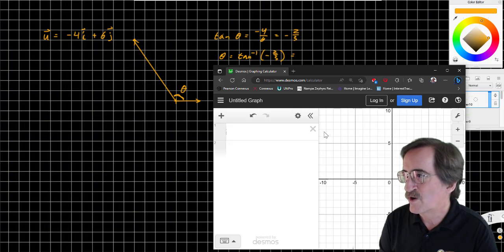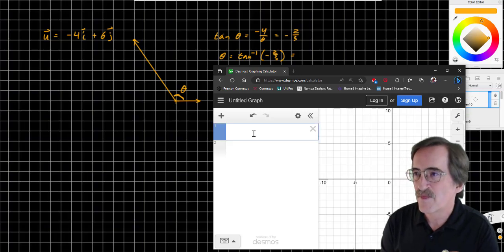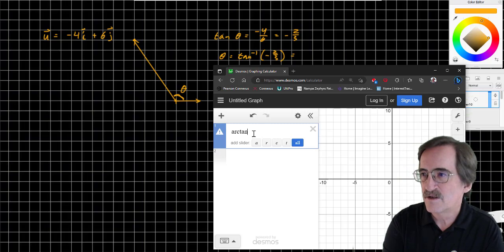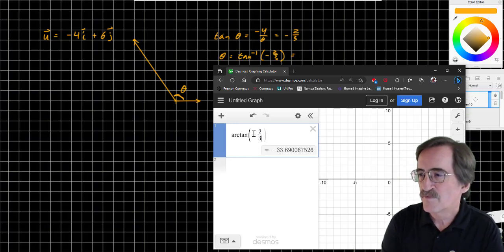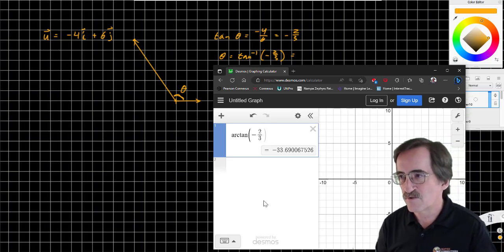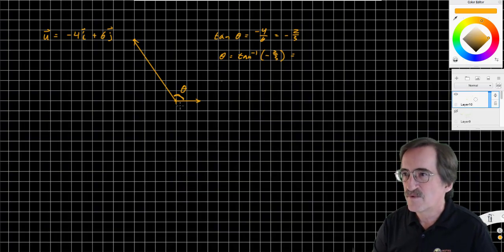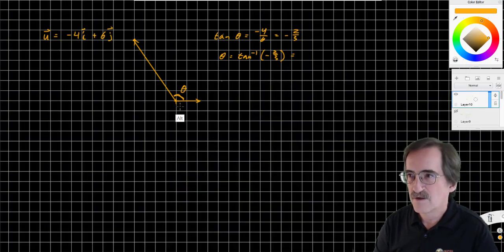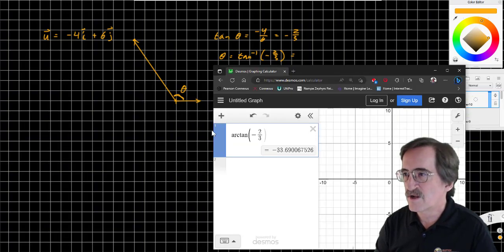But just be aware of what your calculator settings are. Okay. Arctan of negative 2/3. Now it's going to give me negative 33.69 degrees, right? Which is actually down here.